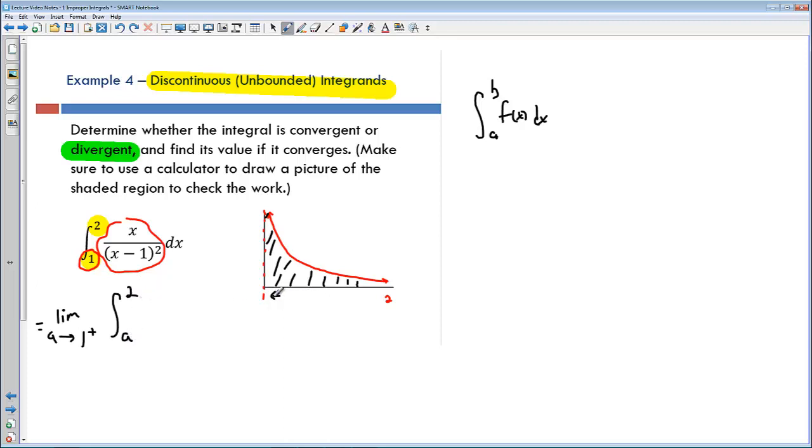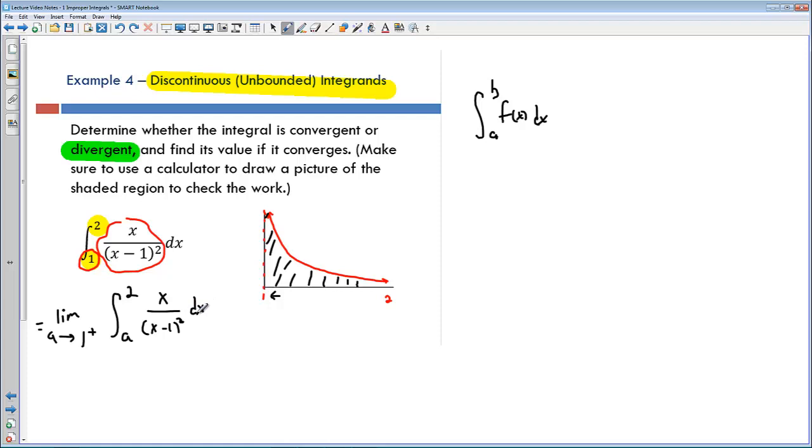So it matters which side you approach 1. We didn't have to do that for infinity because there's only one way to approach it, infinity from the left, or negative infinity from the right. But we have to do it when we have problems with our integrands, when they blow up. And then we're going to go from a to 2, and then we're just going to copy this down, x over x minus 1 quantity squared dx.